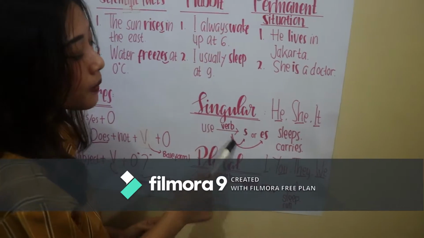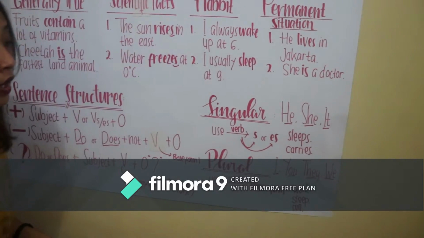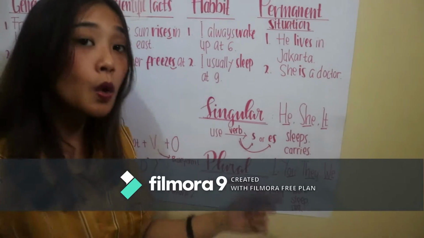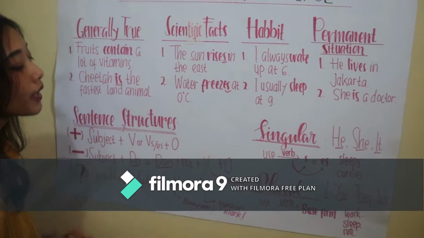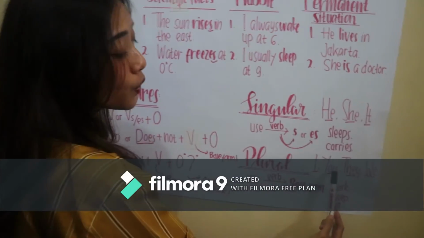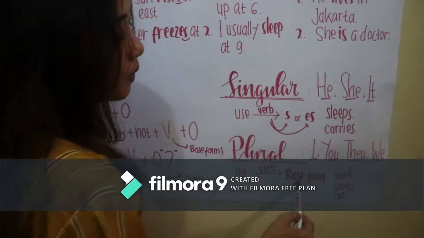So the base form plus S or ES at the end of the word. For example, sleeps, carries, also walks and sits, something like that. And when our subject is plural, I mean I, you, they, we, then we use the verb in base form.